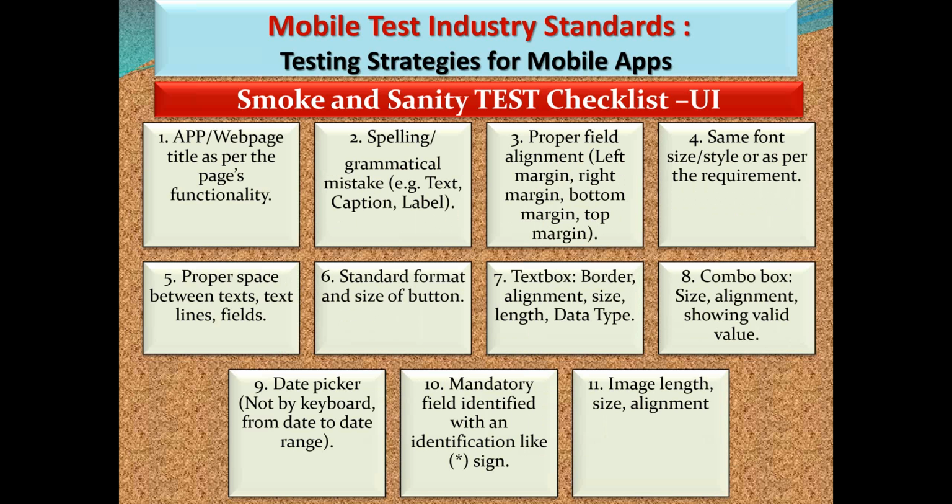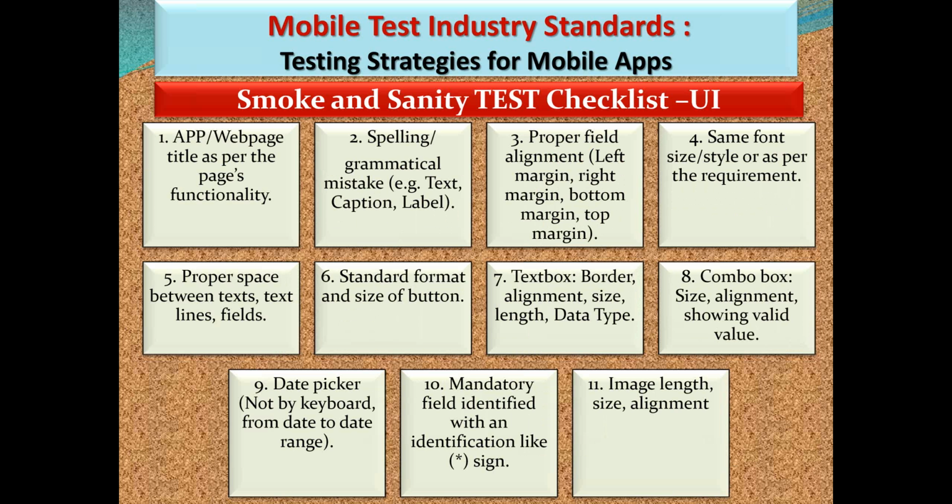Then spelling, grammatical mistakes. This is one of the biggest things that we are having in the industry, typos, and we can find lots of grammatical mistakes. Every time you see the text, please scan it, okay, and scan every single dot, every single comma, every single uppercase letter, lowercase letter.